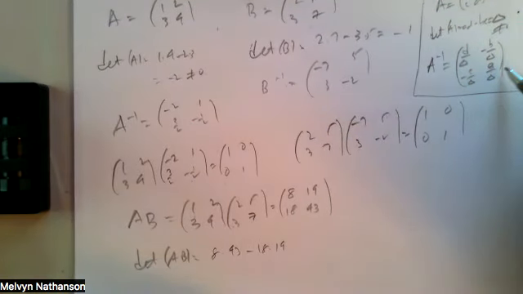So for 2 by 2 matrices, there's a simple formula for the inverse. That's how I got the inverses.